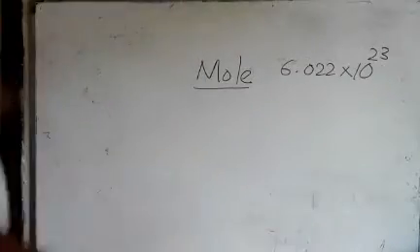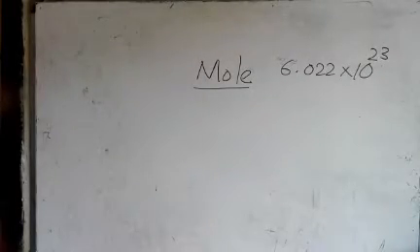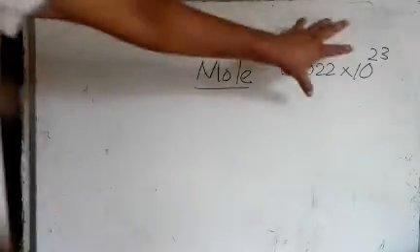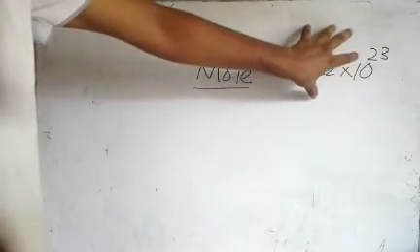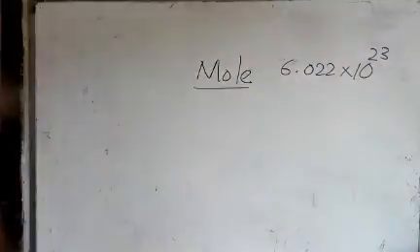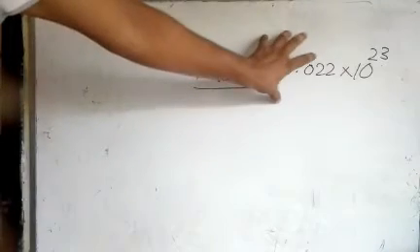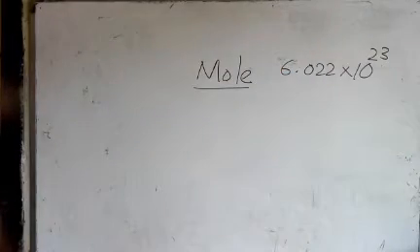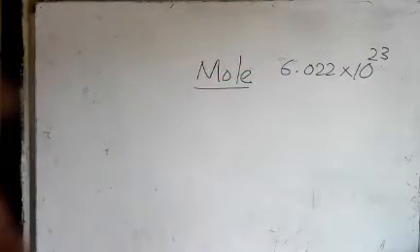Dozen is used to measure the day-to-day things, but the mole is not like that. If the mole is used to measure larger objects, it doesn't give any meaning because this is a very large number.